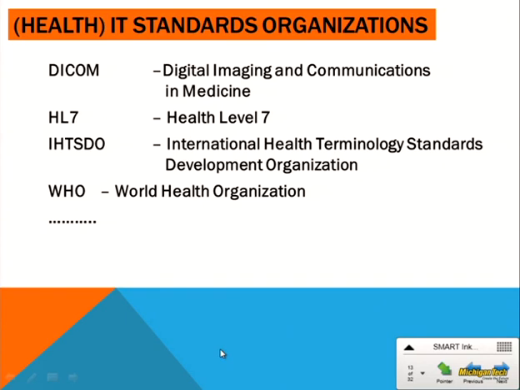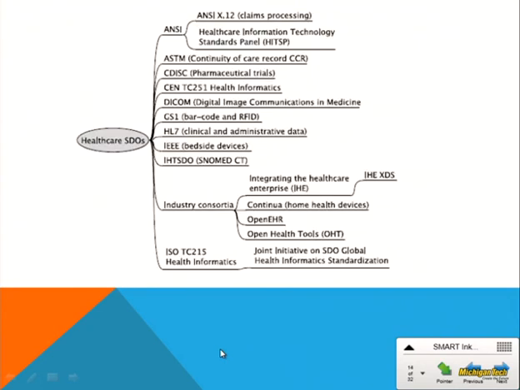Some organizations make some standards, some develop some standards. In fact, this page we just copied from the textbook, to show the healthcare standards development organizations. For this picture, you need to understand the basic idea. The first one is the American National Standards Institute.